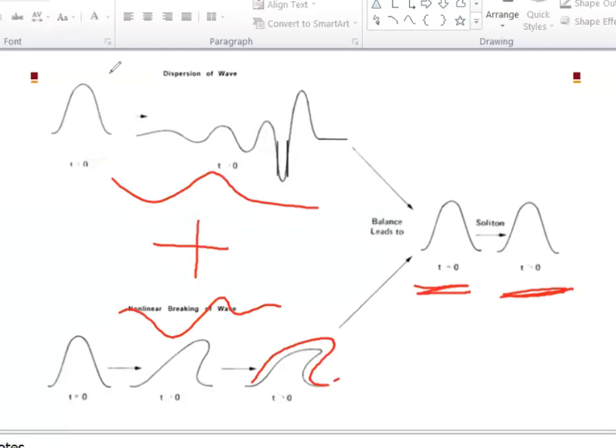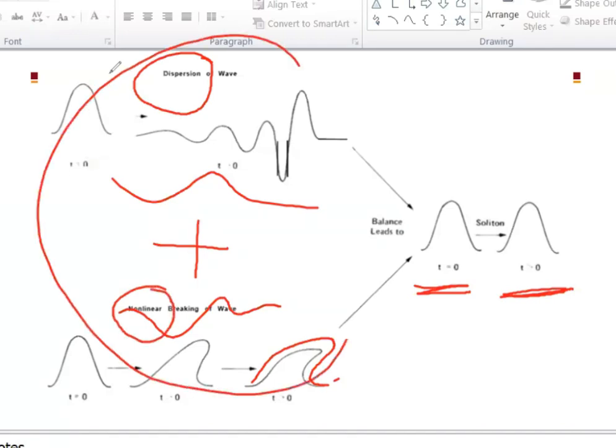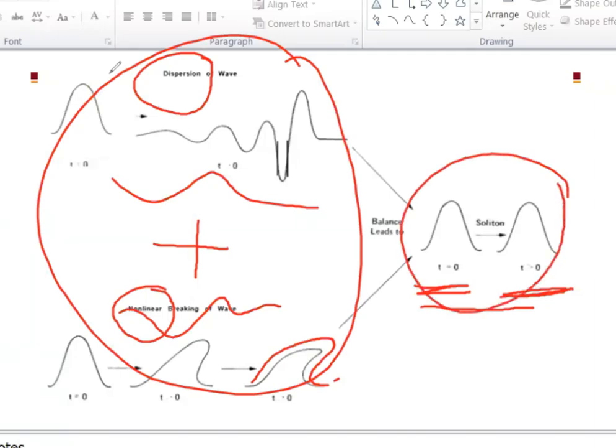So in a system where we have a dispersion and a nonlinearity, the effect of both may give you a certain type of solution where the shape of the wave will not change with time. If this is the case, and if this is the solution, then it is called a soliton.